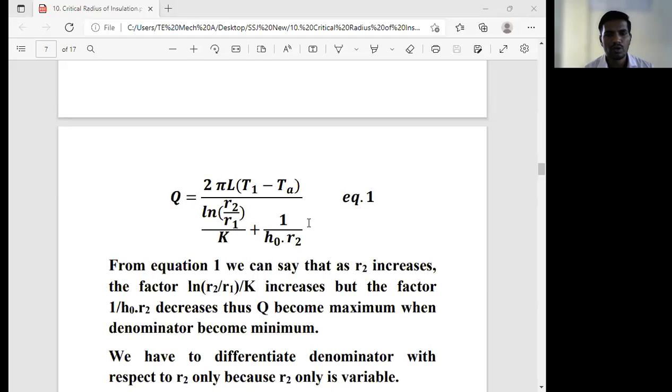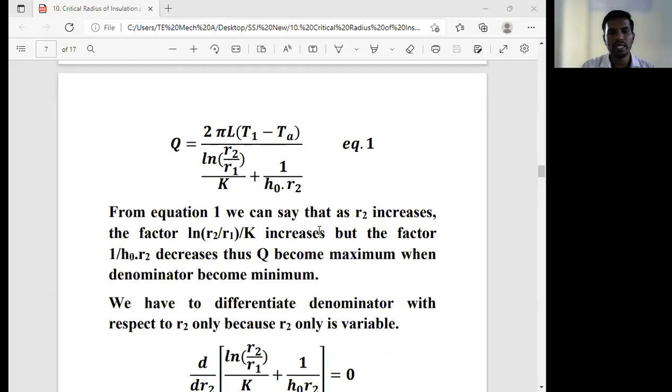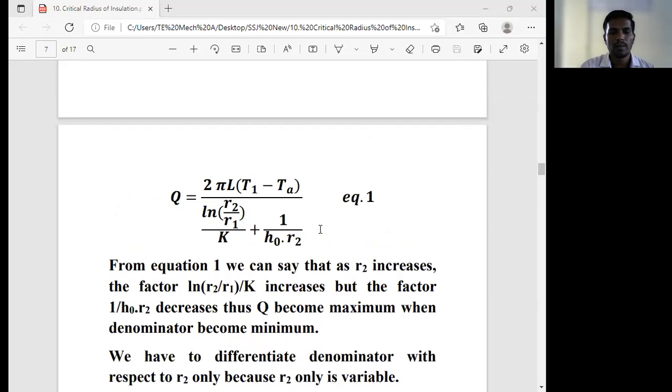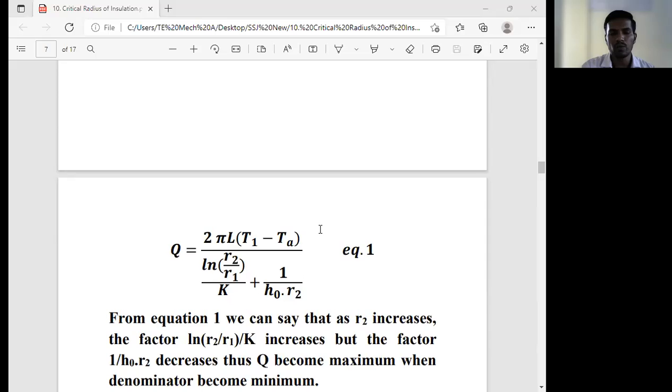From equation 1 we can say that as R2 increases, the factor ln R2 by R1 divided by K increases, but the factor 1 upon HO into R2 decreases.